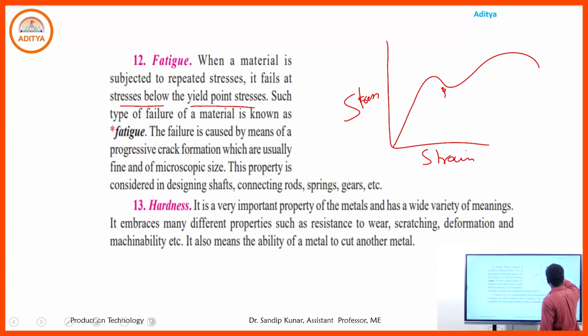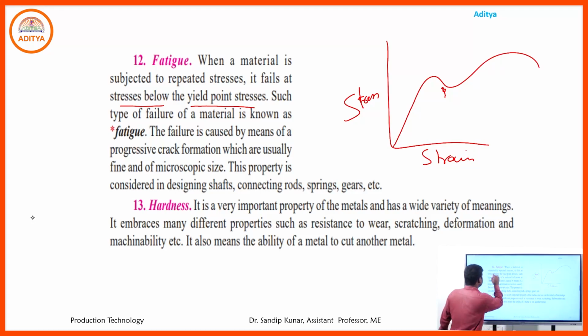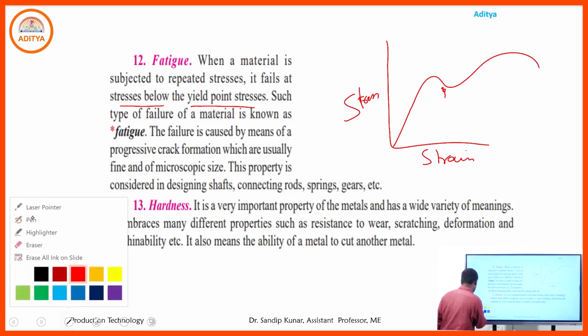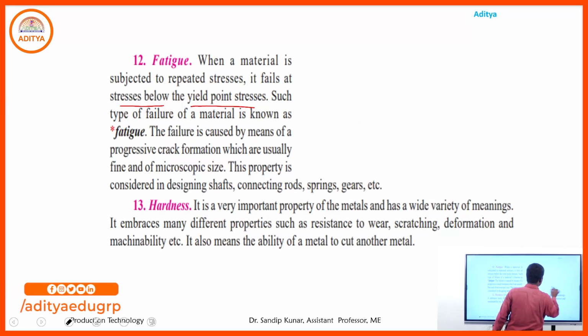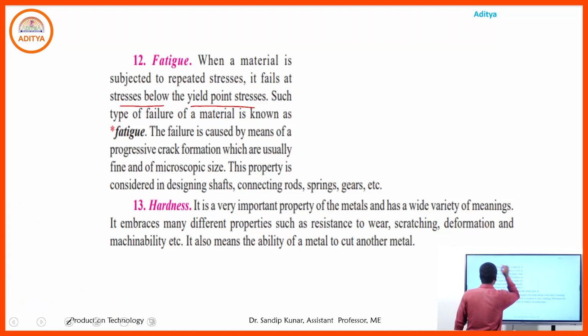After that the elastic limit is there, then the yield point, lower yield point, then upper yield point, and after that the ultimate strain, and at the end the breaking point. Below the yield point, the material will fail due to the application of continuous repeated loads. Due to repeated stress, the material fails below the yield point stresses. Such a type of failure is known as fatigue.